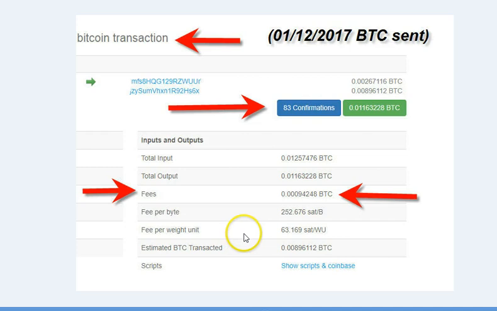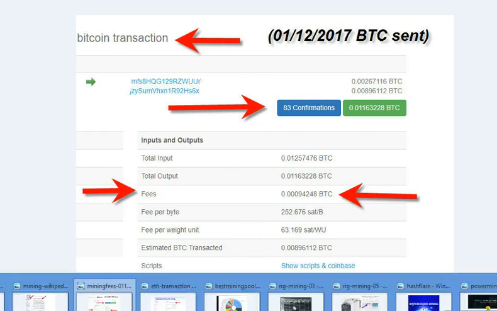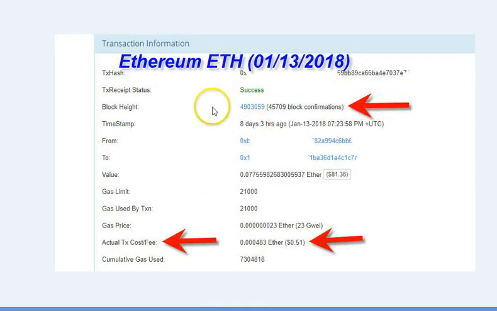Let's go ahead and get another example here for a different coin. In this particular example, this is Ethereum. This Ethereum transaction I completed on January the 13th, 2018, so just about 8 days ago, because today is January 21st, 2018. And here are the block confirmations.